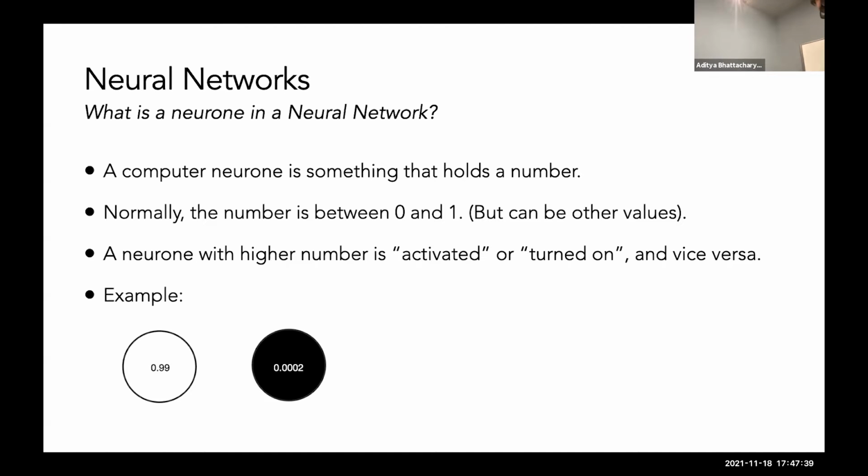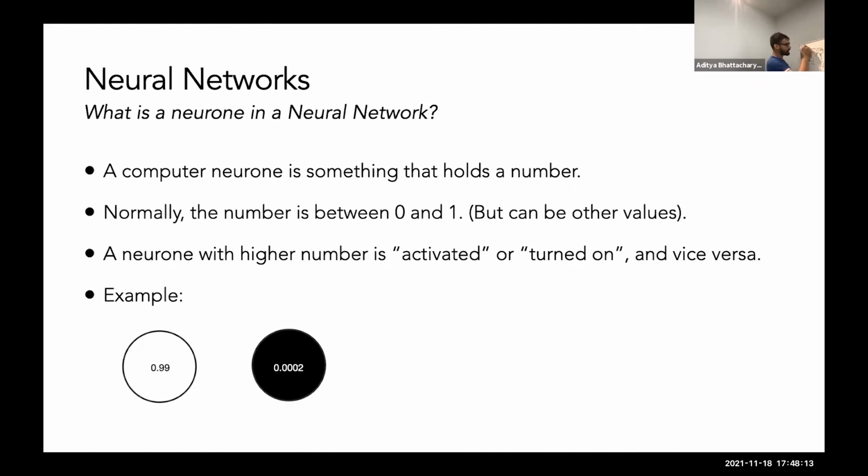Every neuron has a pattern. For example, let's say there is a neuron like this. This neuron may be detecting this sort of pattern inside just this part of the 4. If it sees a 4 like this, it will have a very high value, probably 0.9999 or something like that.